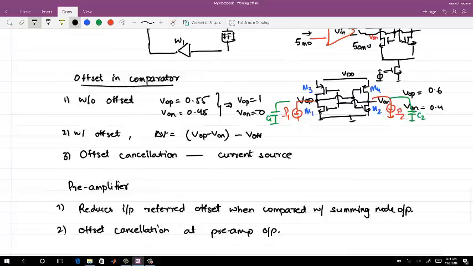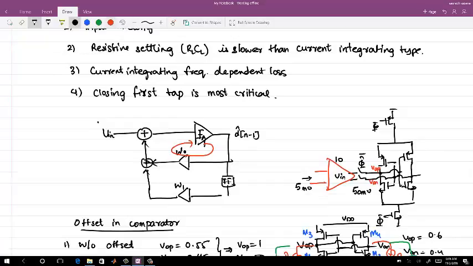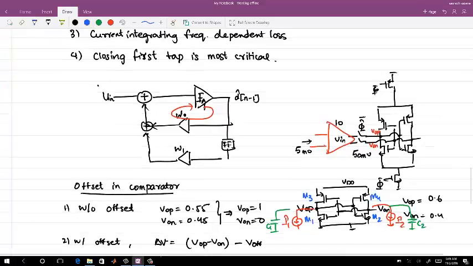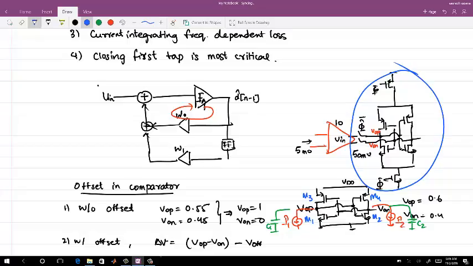Now there is one more thing. So let's bring that. In this particular comparator, this is the clocked comparator which we are talking about now, right? In this comparator, you see that there is a switching happening.